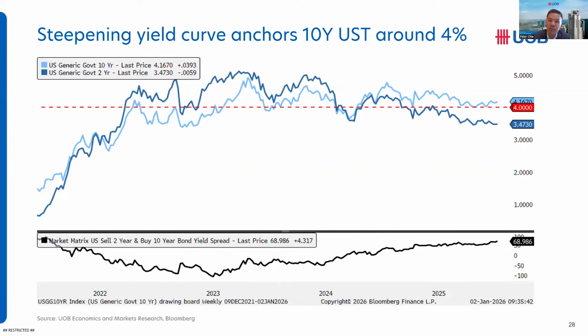This phenomenon will continue this year because if you look at all the easing cycles in the last 10, 20, or even 30 years, what is clear is that when you have an easing cycle, the yield curve will continue to steepen into the easing cycle and will be the steepest at the end of it. So if we are nearing the end of the easing cycle, the yield curve will continue to be very steep.